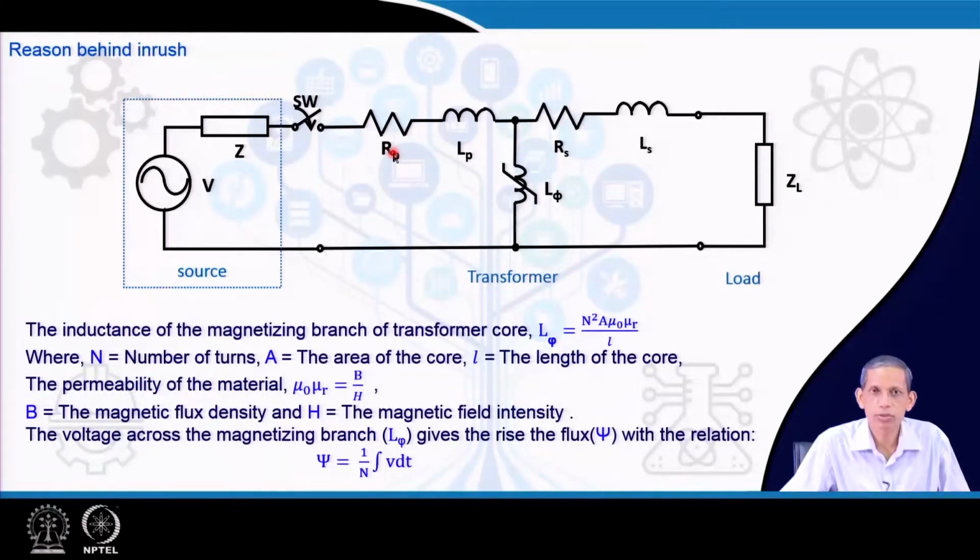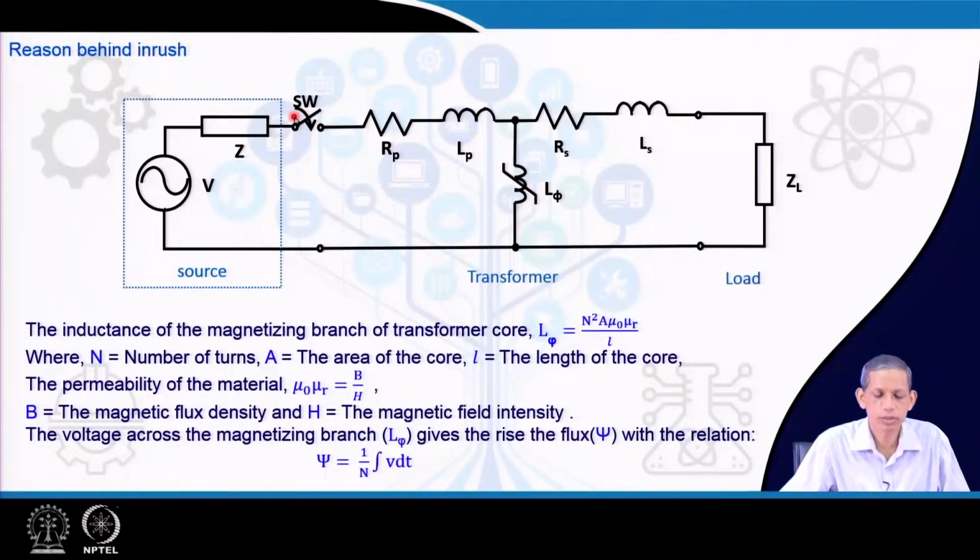We have taken the equivalent model: primary side resistance, leakage inductance and the magnetizing inductance path. For simplicity, we have neglected the core loss part. The secondary part also has the associated resistance and leakage inductance, and then the load impedance.